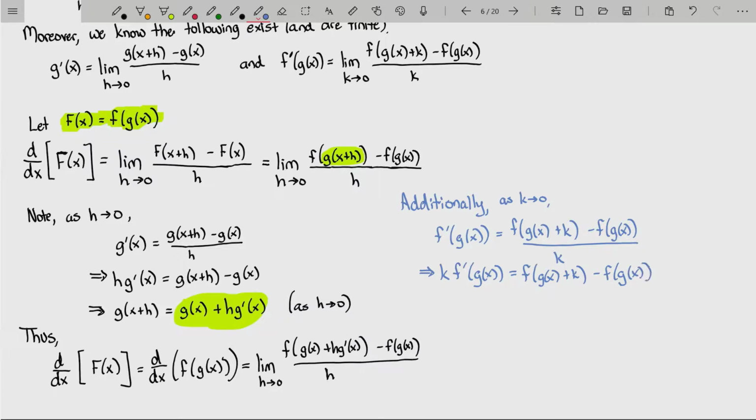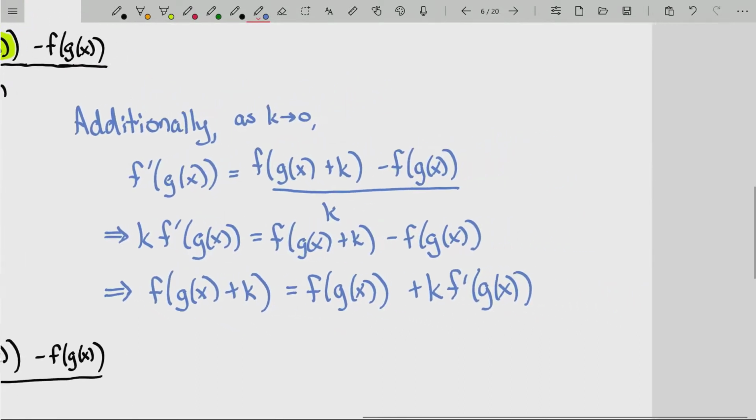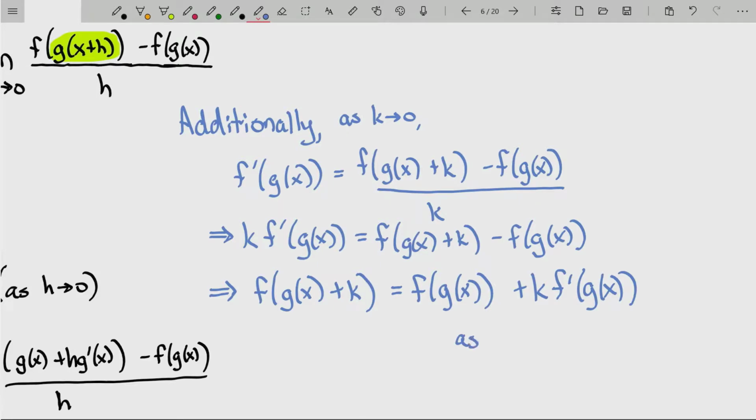Again, nothing super crazy here, but this allows for something nice to happen. We have, just by solving for f of g of x plus k, that f of g of x plus k, as k goes to 0, important to mention, will turn into f of g of x plus k f prime of g of x. Again, this is as k approaches 0.